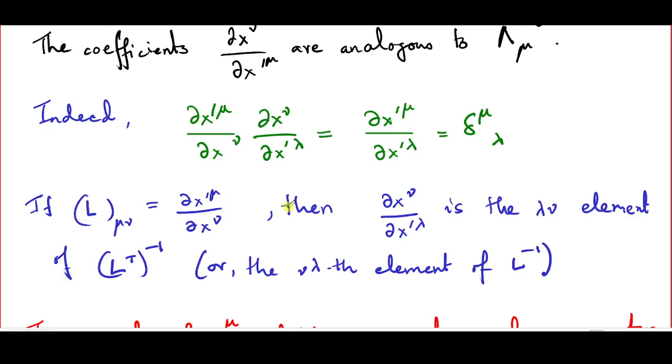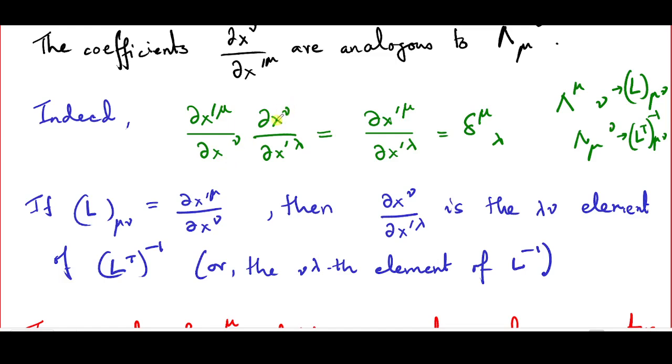This is exactly the way in which the two lambdas, remember, for linear transformations, Λ^μ_ν was the μν-th element of L, and Λ lower μ upper ν was the μν-th element of L transpose inverse.